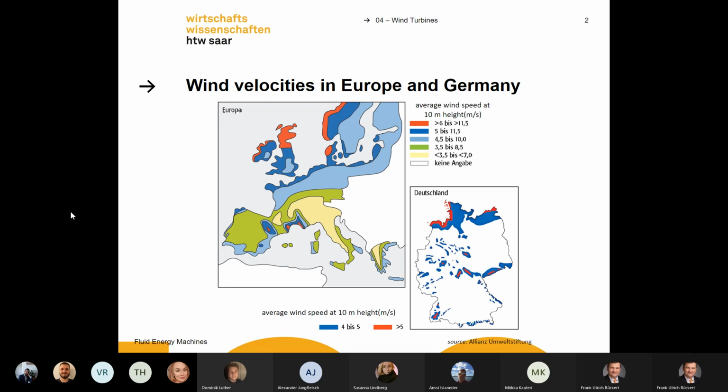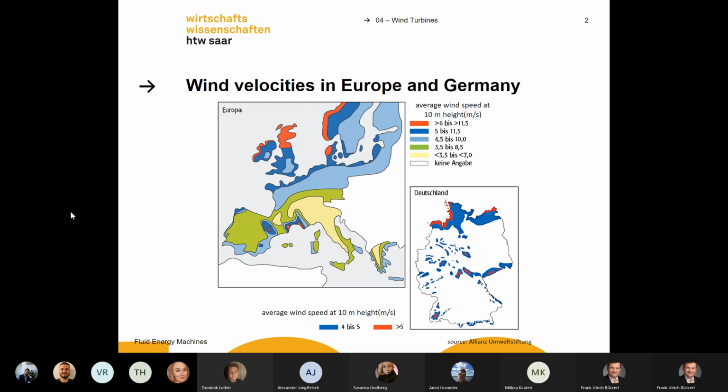We have an average wind speed of about 4 to, let's say, 10 meters per second. And if we look at Germany, we have some areas where we have over 4 to 5 meters per second, and even some areas where we have over 5 meters per second.